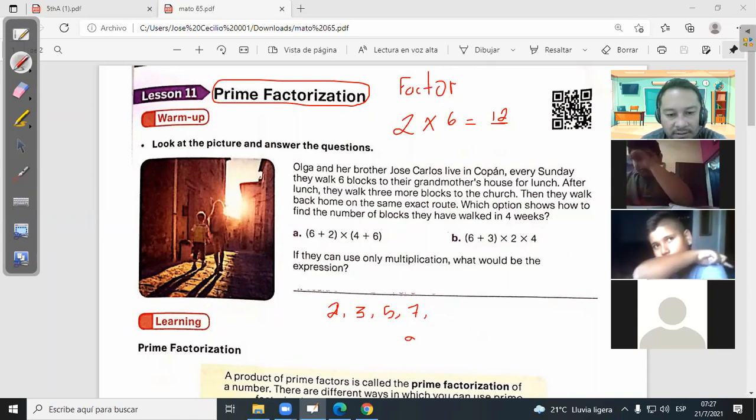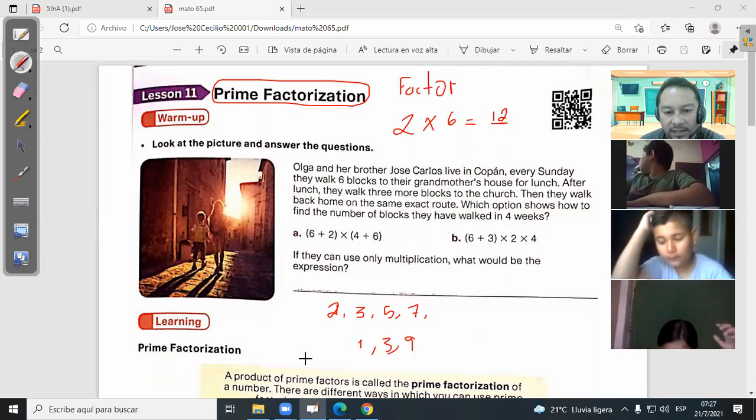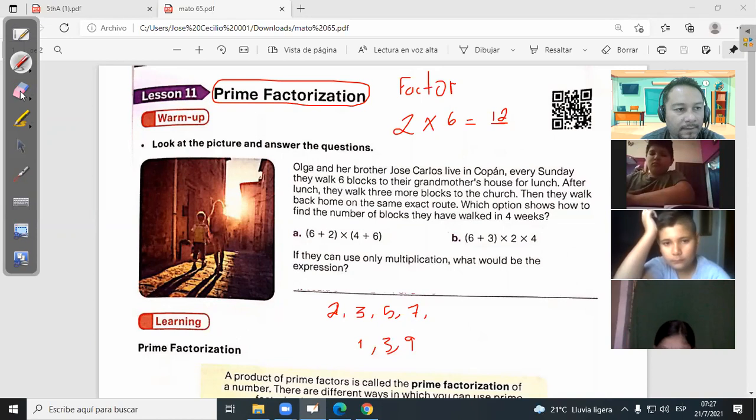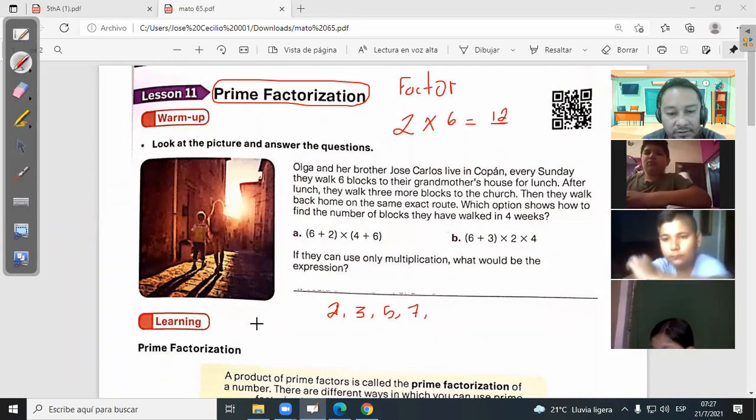No, because 3 times 3 equals 9, and then 9 has 1 and 3 as divisors. And remember that a number greater than 1 that has other divisors cannot be a prime number. In this case, number 10, no, right?